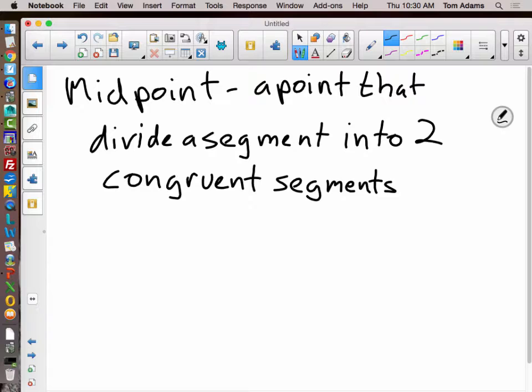Now we would say the midpoint is in the center and in the middle, but to be a little more formal, we start with a segment and then we divide that segment into two equal segments. That makes sense? That's what a midpoint is.